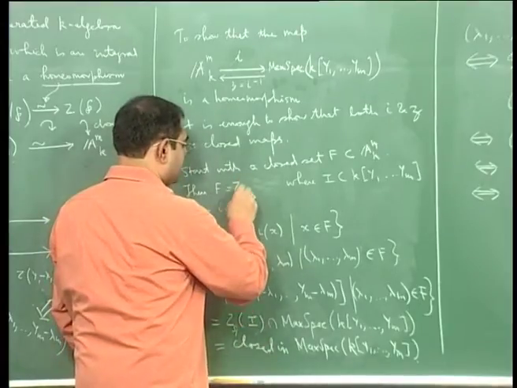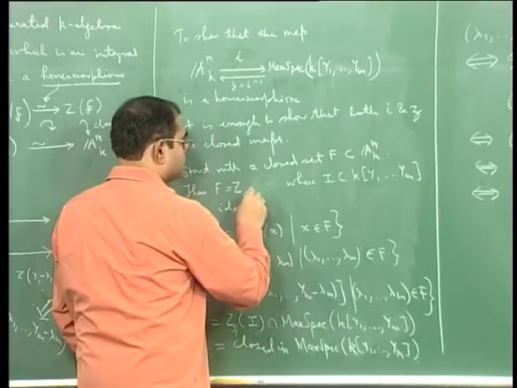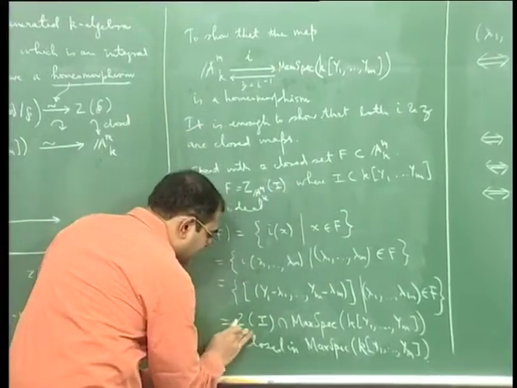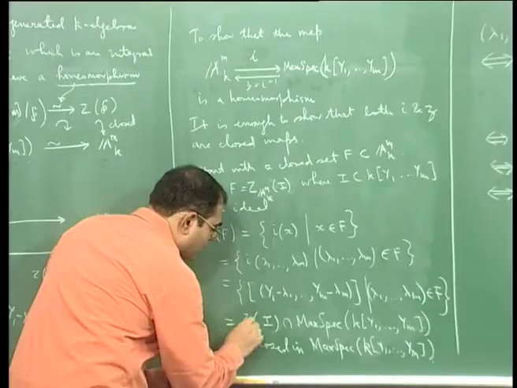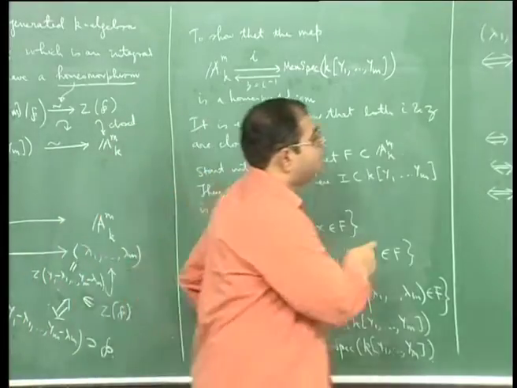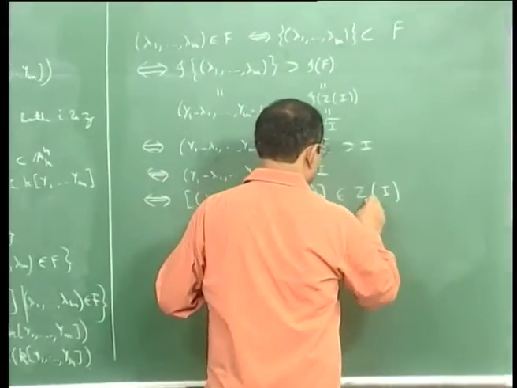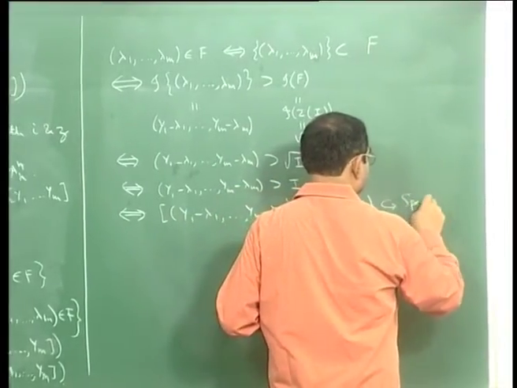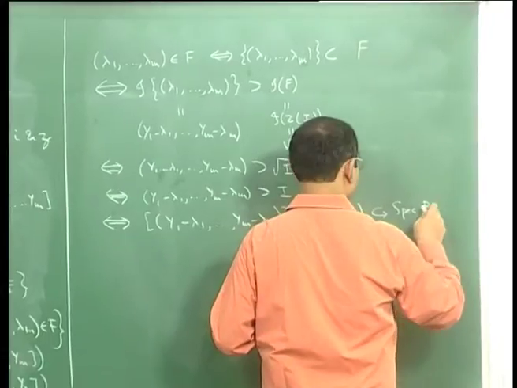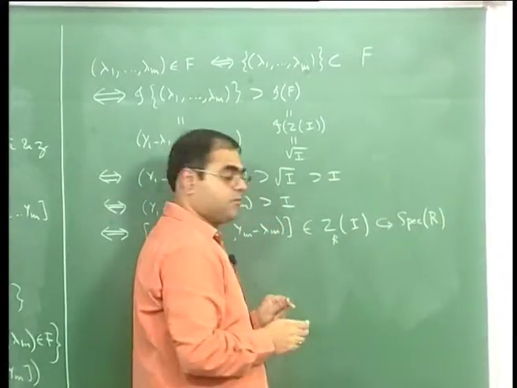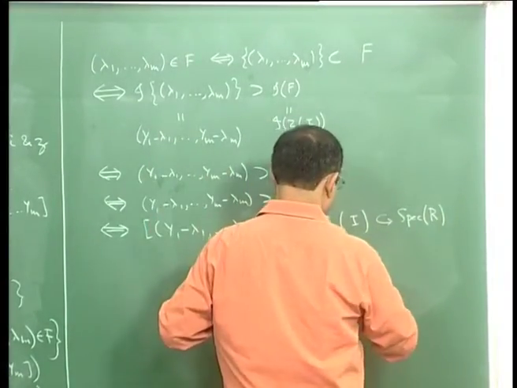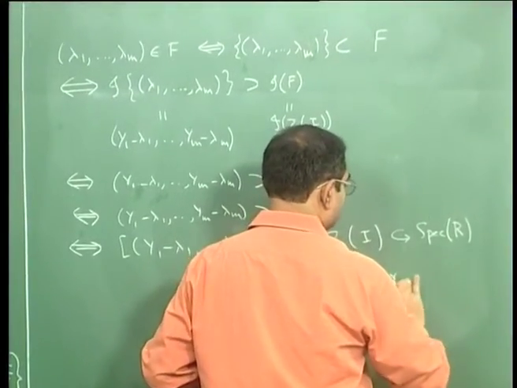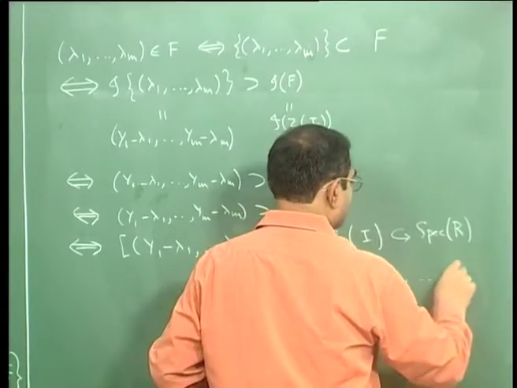Here, this is Z in Am k of I, and this is Z sub R of I, where Z sub R of I is being considered in Spec R, where R is of course k[y1, etc., yn].